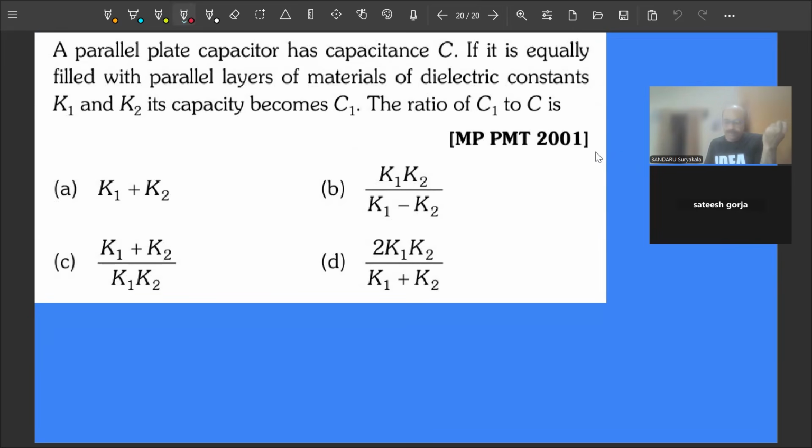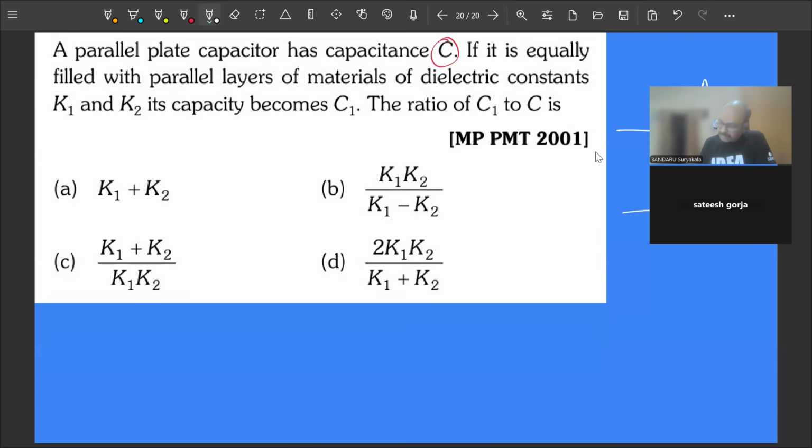A parallel plate capacitor has the capacitance C. If it is equally filled with the parallel layers of material of dielectric constant K1 and K2, then the C becomes, they ask. A parallel plate capacitor has the capacitance C. If it is equally filled with the parallel layers of the material K1 and K2, you have to understand here. We have one capacitor here.